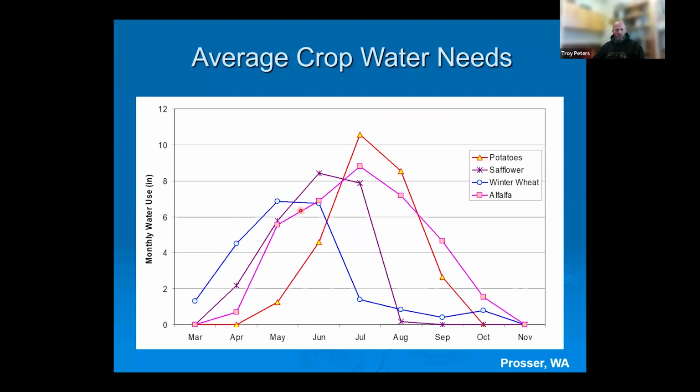Winter wheat, obviously, uses it early in the season, then it gets done. And then safflower and some of these things get done later. Potatoes, wheat, corn, and things, they like warmer temperatures, and then they grow and they peak. And then alfalfa uses water throughout the whole season, as do all forages.